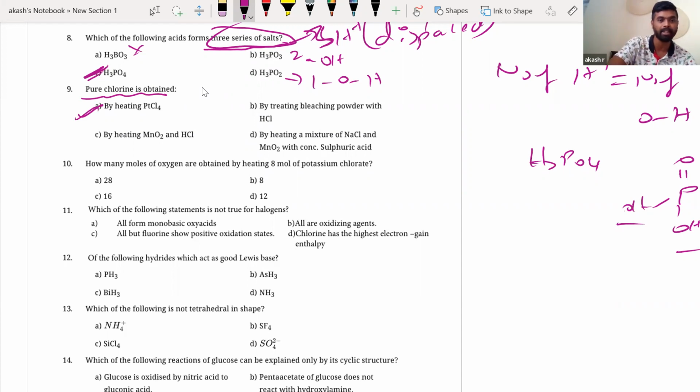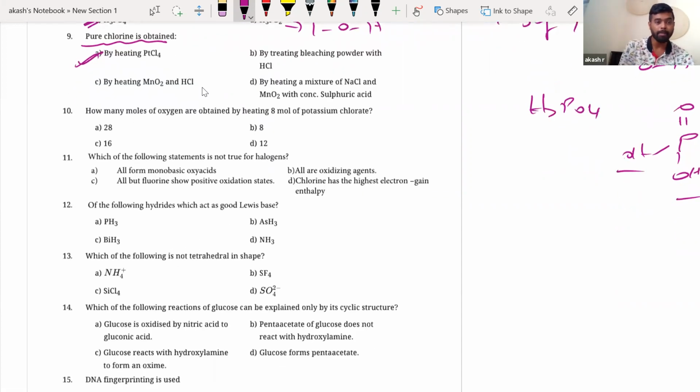Forget about it. Next. How many moles of oxygen are obtained by 8 moles of potassium chlorate? Now potassium chlorate, if you don't know the formula, you are again done. This is KClO3.